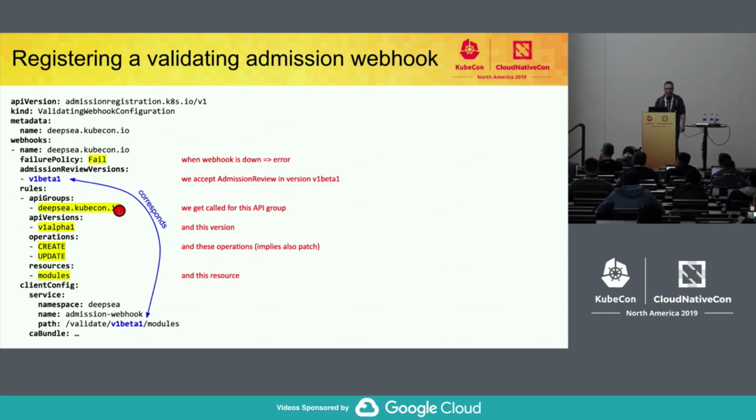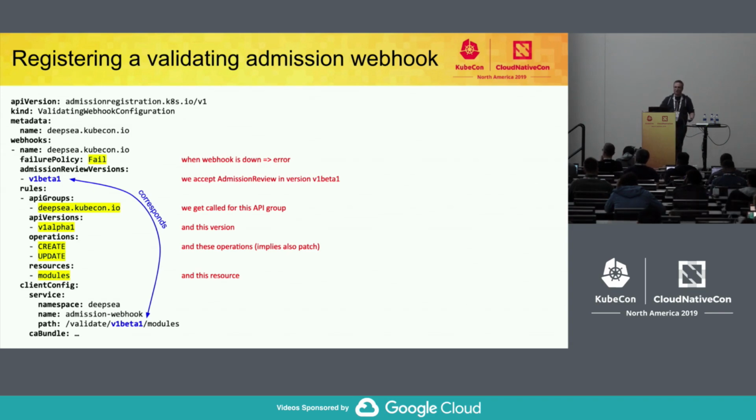We want to tell it when we are called. We want to be called on this API group, our own, on v1alpha1, which is the only version for the modules, on create and update, and only on modules. Be pretty strict here, really restrictive. Don't put wildcards everywhere. This is about cluster stability.